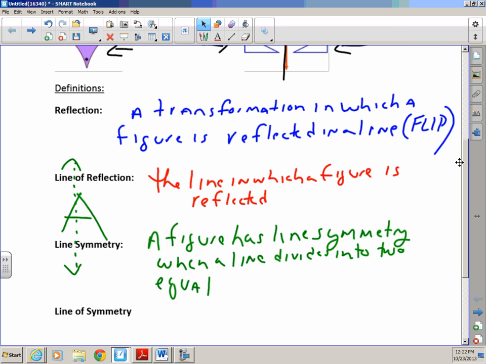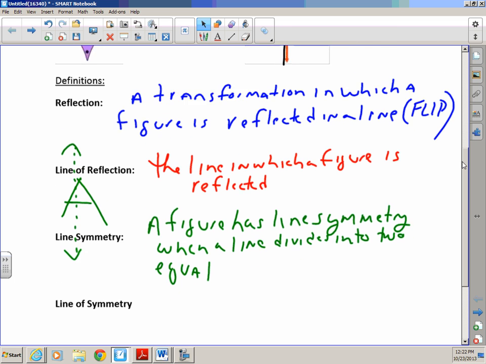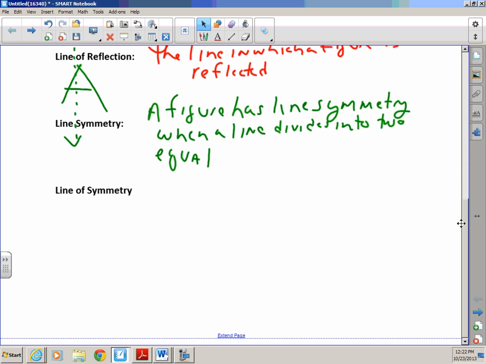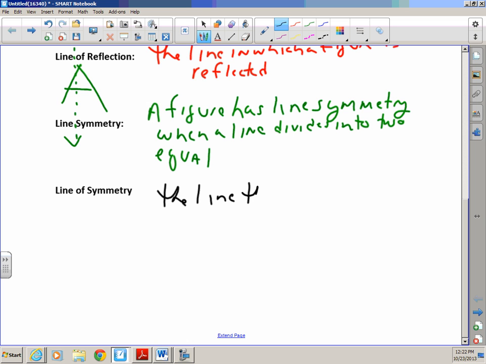You'll see this a lot in nature and science, where, for example, the butterfly has line symmetry. If you drew a line down the body of the butterfly and fold it, the butterfly would fold on top of itself, or a honeycomb or some other figure like that. A line of symmetry is the line that divides the figure into two equal parts.